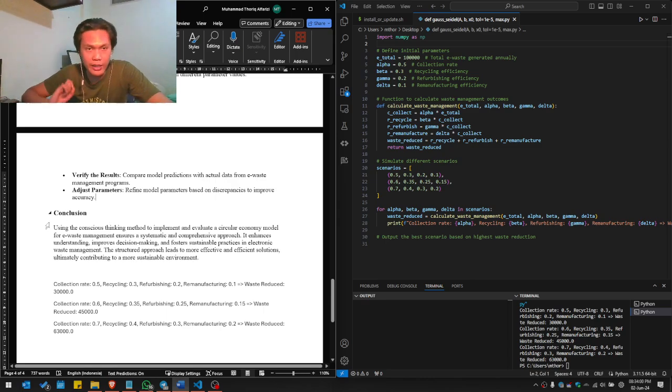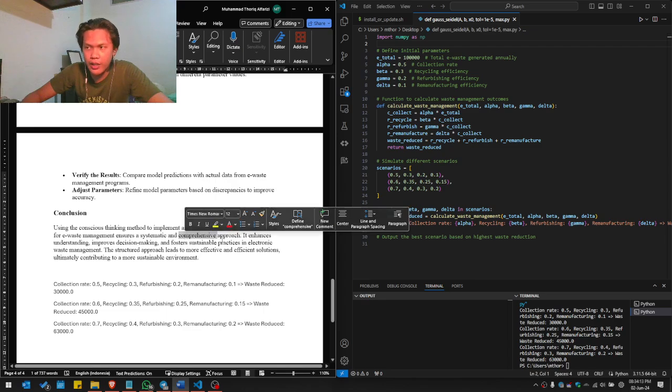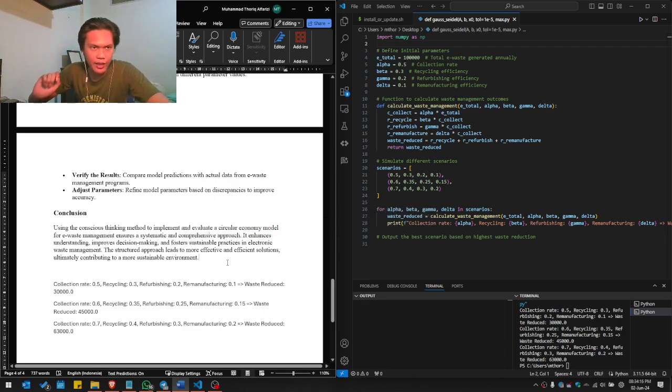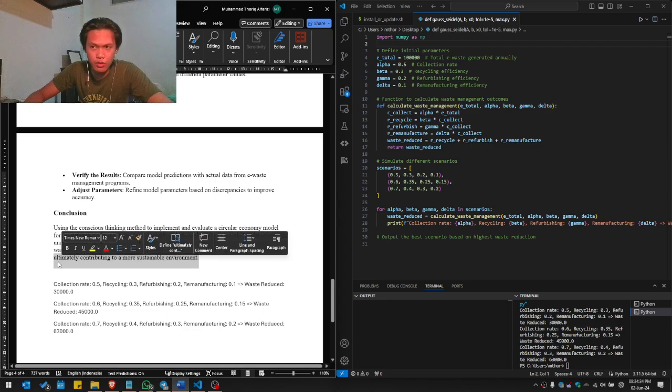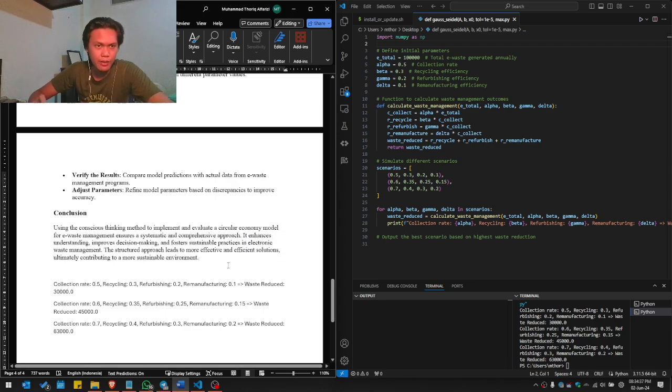The conclusion is that using the conscious thinking method, or the E5 method, to implement and evaluate a circular economy model for e-waste management ensures a systematic and comprehensive approach. It enhances understanding, improves decision making, and fosters sustainable practices in electronic waste management. The structured approach leads to more effective and efficient solutions, which ultimately contribute to a more sustainable environment.